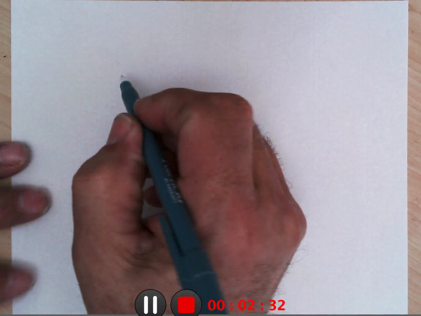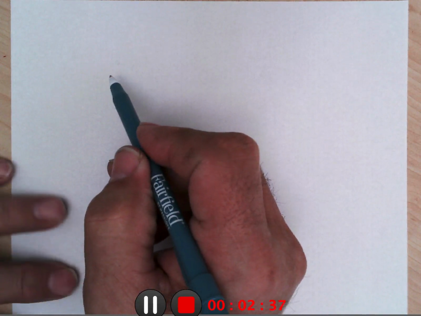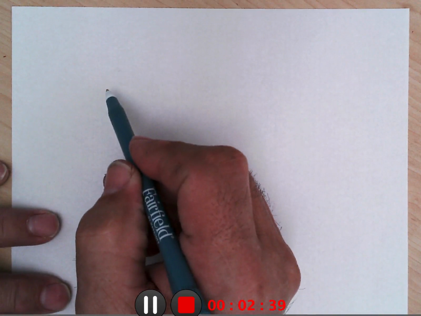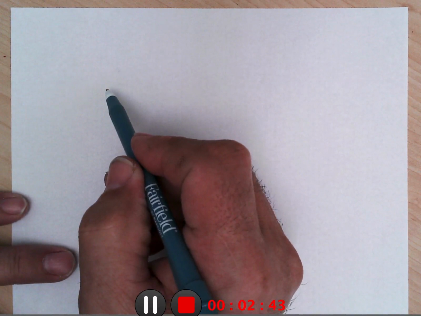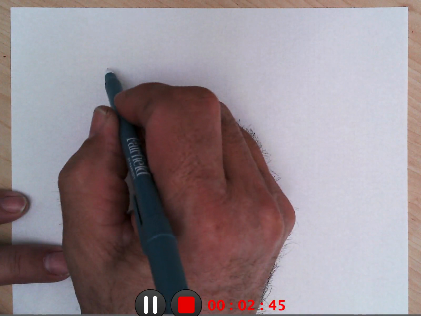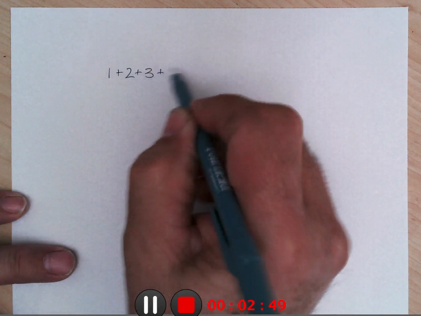I said, okay, there's a story about an elementary kid from a long time ago who was kind of being a pain in class, and so the teacher said, I'm going to keep him busy, and said, add up the numbers from 1 to 100.